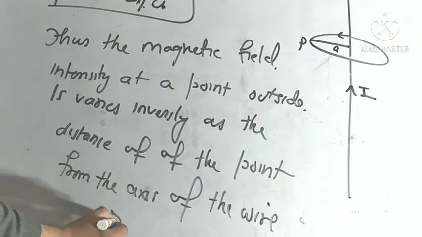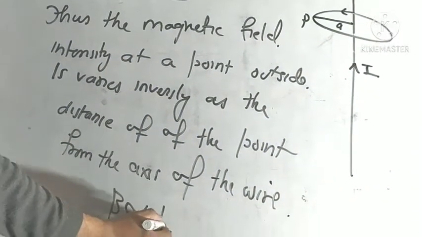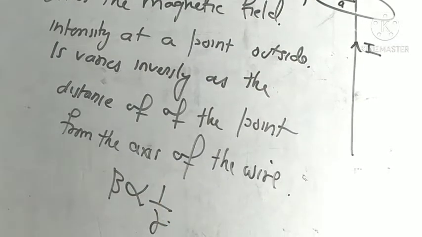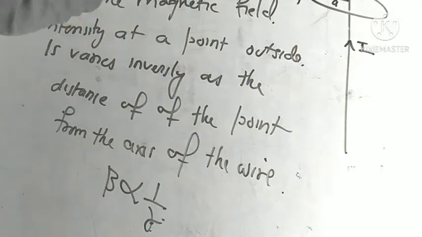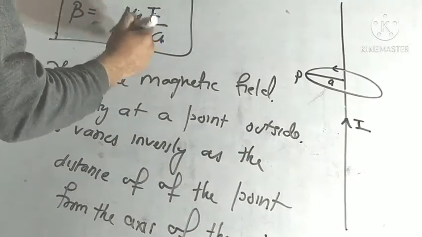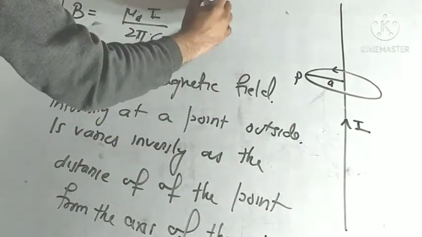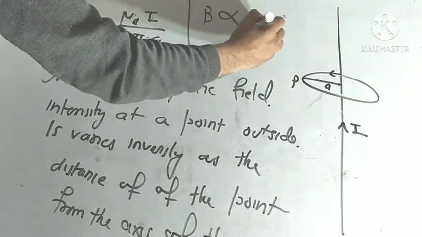I mean B is proportional to 1 upon R, where R is the variable distance. Here mu naught, I, and 2 pi are constant, so B is proportional to 1 upon R.